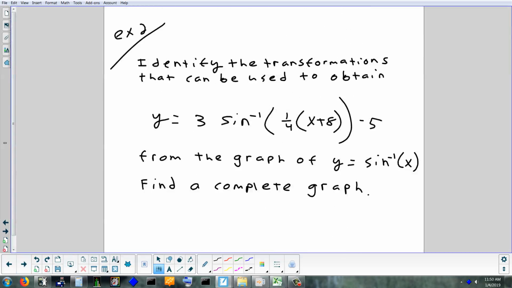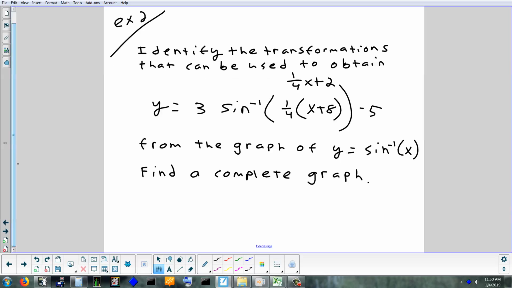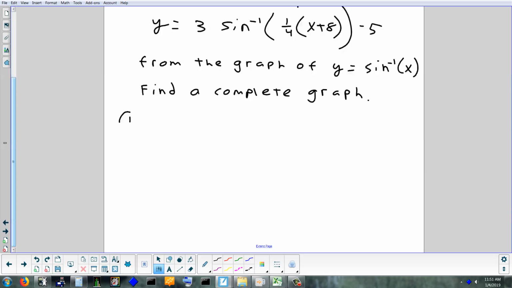Distribute the 1/4, so you've got this. Now we can go through all the transformations. It looks like we've got 4 transformations and we have to put them in the correct order. So what's the first transformation you would do?